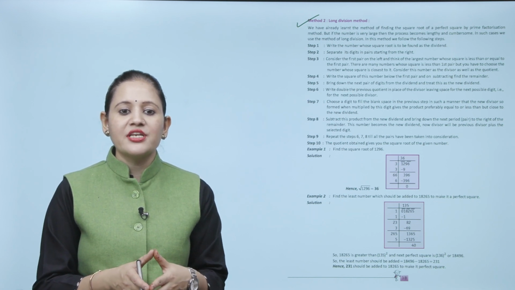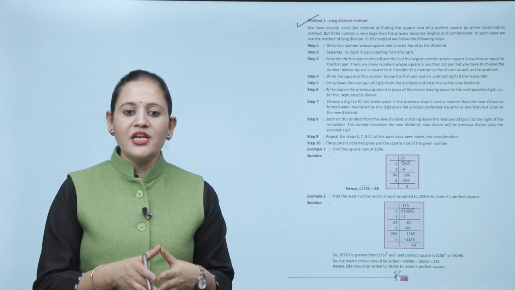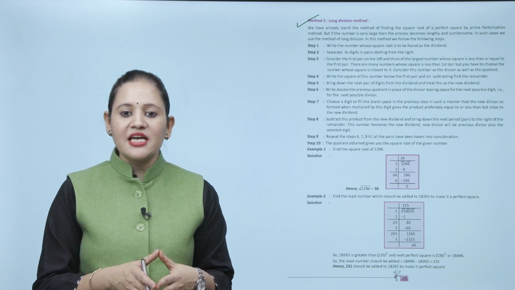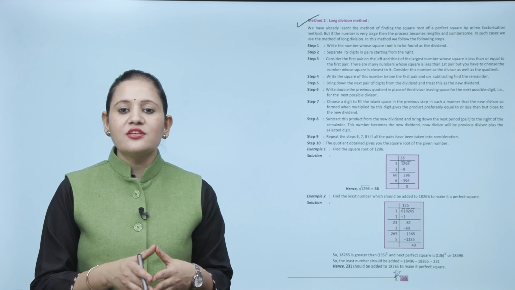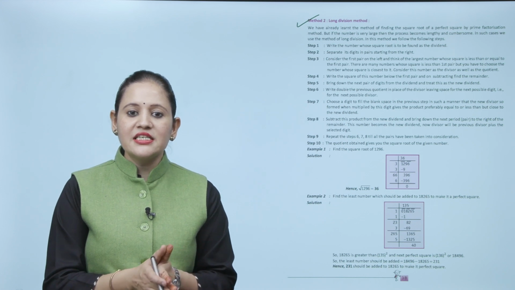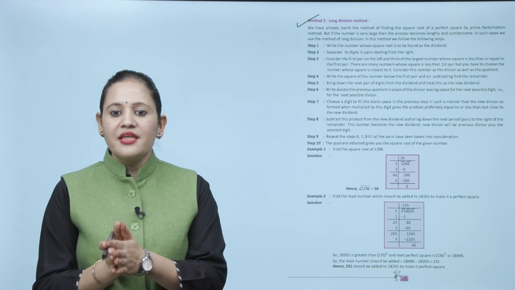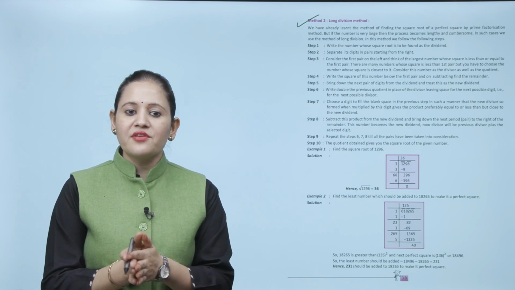Now choose a digit to fill in the space in such a manner that the new divisor so formed, when multiplied by this digit, gives a product equal to or less than but close to the new dividend.